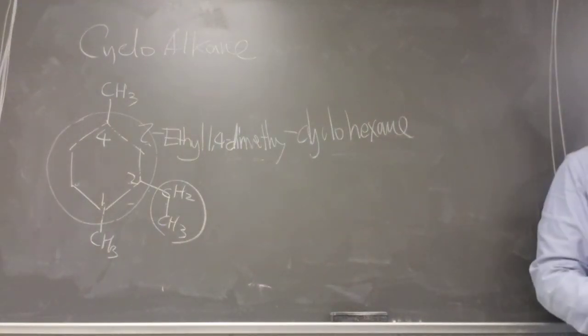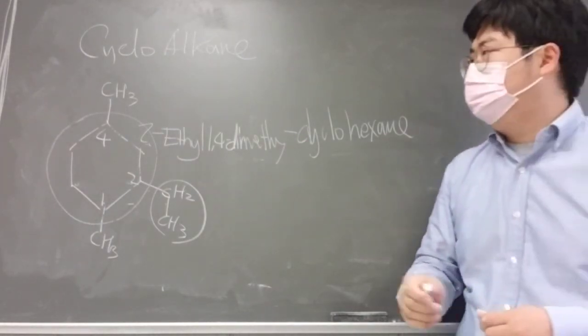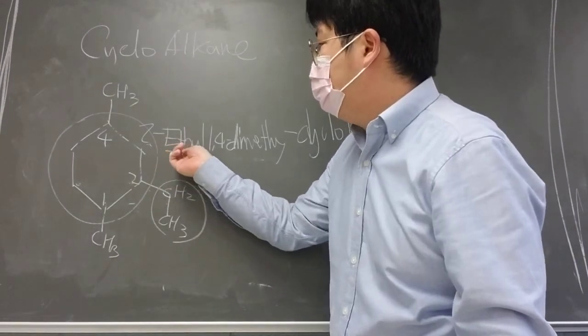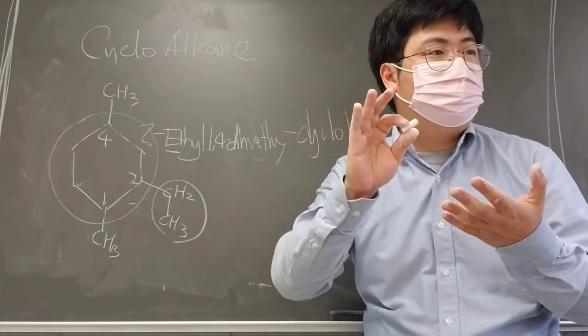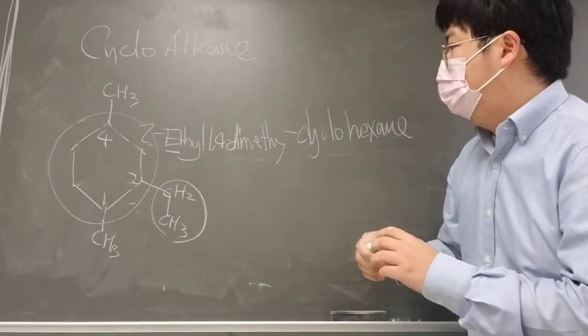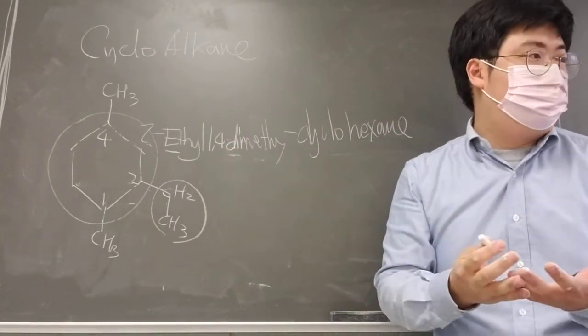Okay. This is how you do it. So once again, whenever you order your substituent groups in alphabetical order, this "di" doesn't count, right?